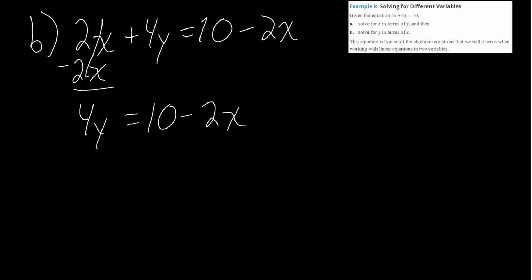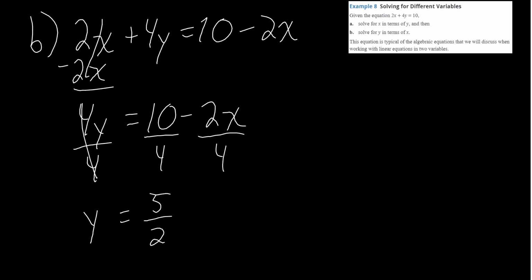And the same thing, we're going to divide both sides by 4. Again, you can do this and there's nothing wrong with it, but as I mentioned on the previous page, I think it's just easier to do this, just put it everywhere. Well, 4y over 4 cancels, so that ends up with a y, which is exactly what we want. 10 over 4 reduces down to 5 halves, and then minus, 2 over 4 condenses down to 1 half x.